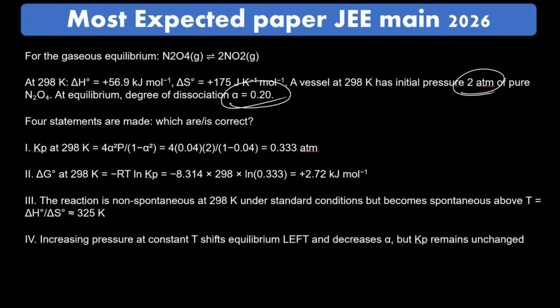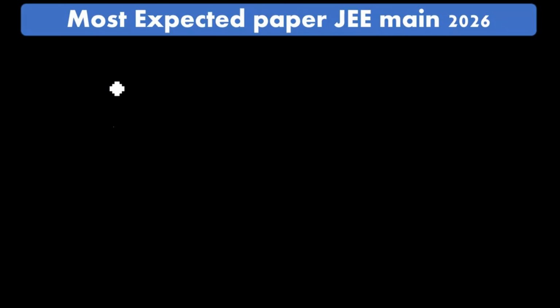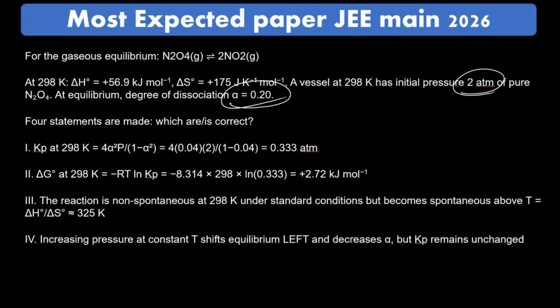So let's find out how much N2O4 will be remaining. N2O4 gives 2NO2. At the initial stage that would be 0. At equilibrium, what happens?